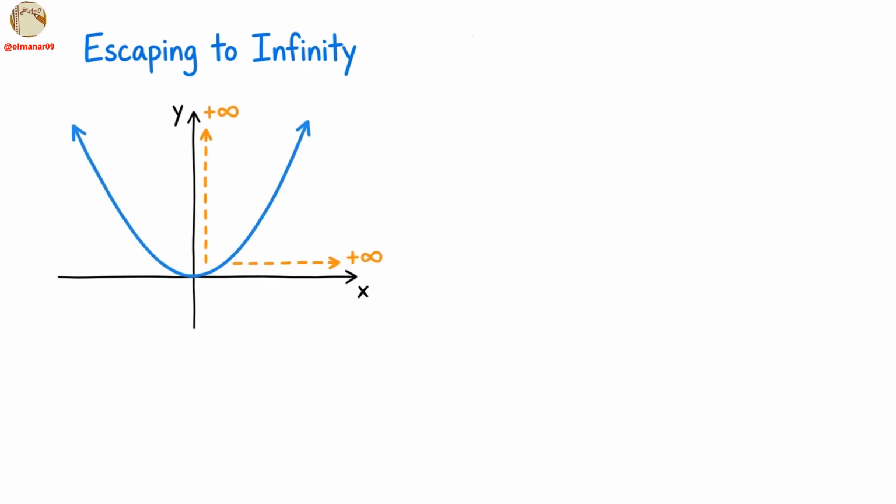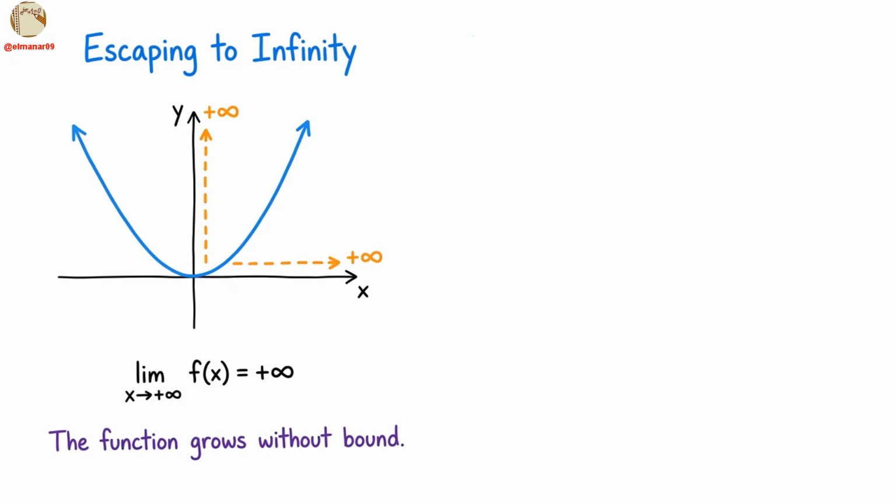Let's look at the big picture. What happens when we look way out to the left or right of the graph? On the left side of this slide, we see a function escaping to infinity. As x grows larger and larger, x approaches positive infinity, the function just keeps climbing. It has no ceiling.